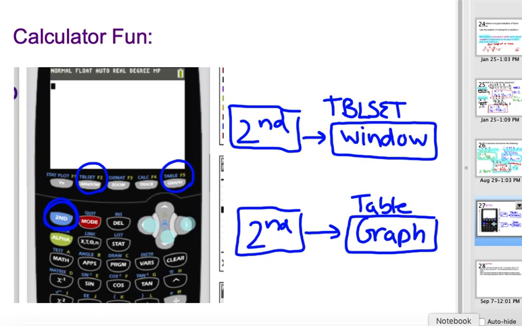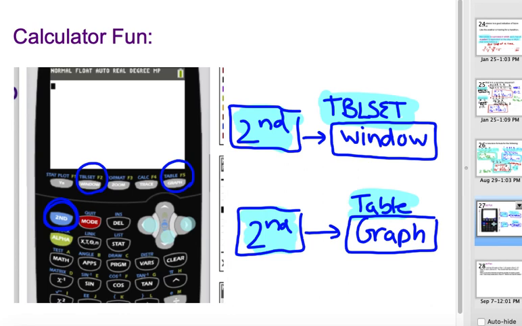What happens is when you hit the second button, it won't do window, it will do the thing written above it. So by hitting the second button first, it takes you to the writing above. When you hit second and then the graph button, it's going to give you the table. It's just how the calculator works.